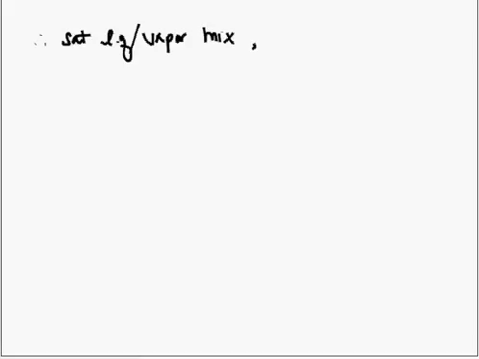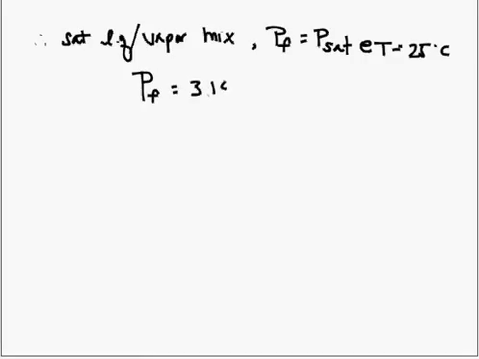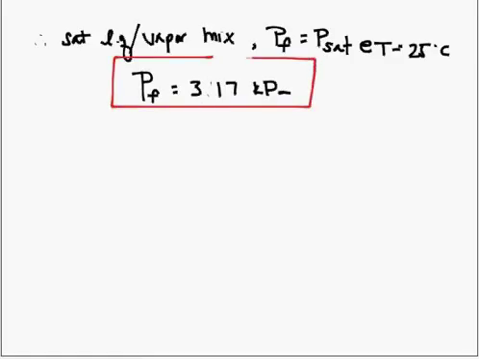And we know our pressure, because we know we're at the saturation pressure at 25 degrees C. So we know our final pressure is 3.17 kPa. And make sure that you see that same value in the table that I found.